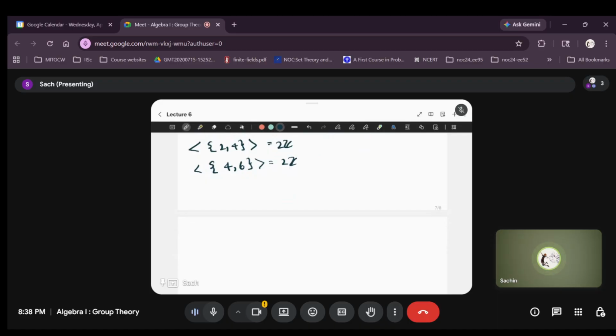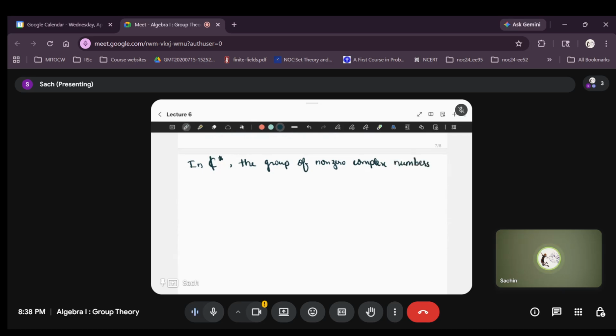One more interesting example when it comes to generation is if you consider the set of non-zero complex numbers. When we say non-zero complex numbers, automatically we are excluding zero because we want to consider multiplication. Otherwise, the entire set C itself is a group under addition.